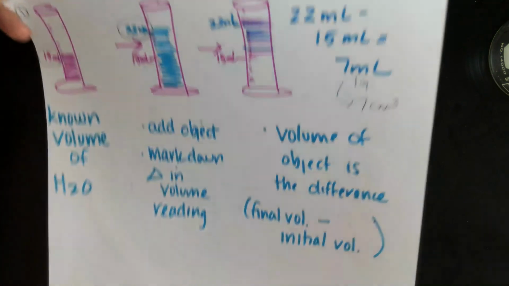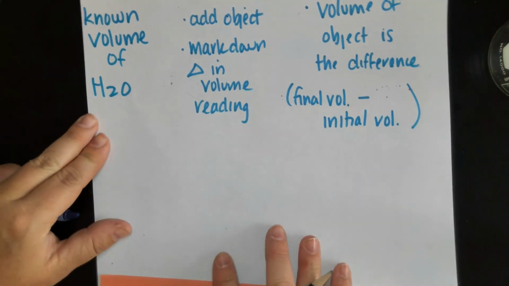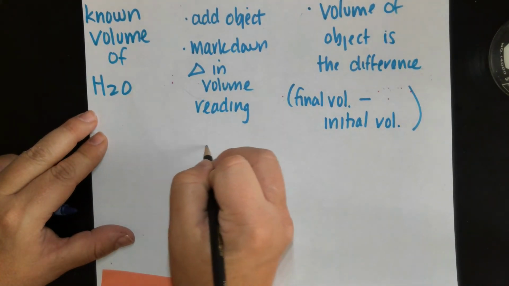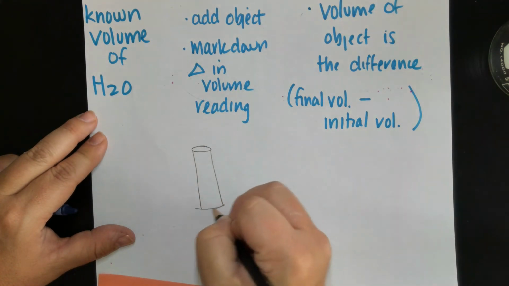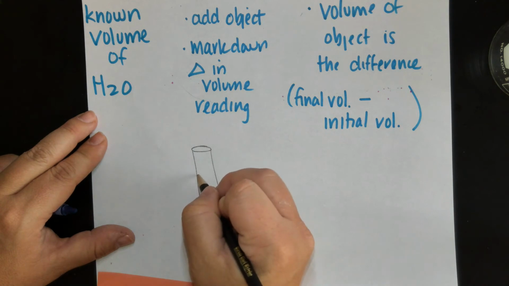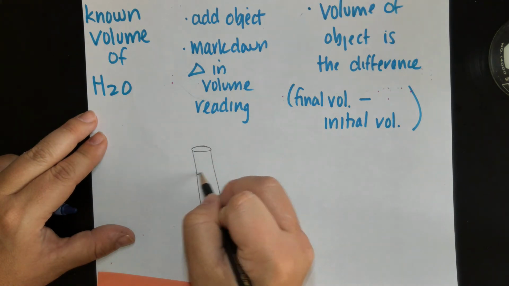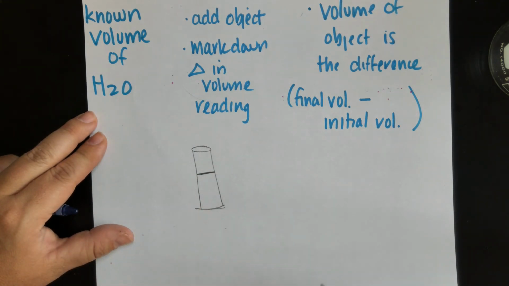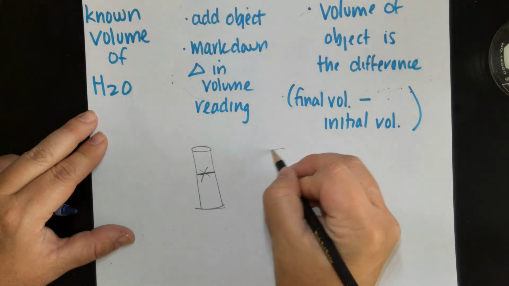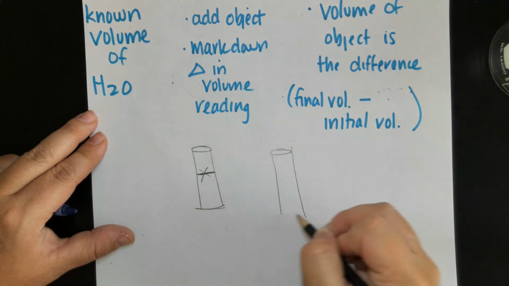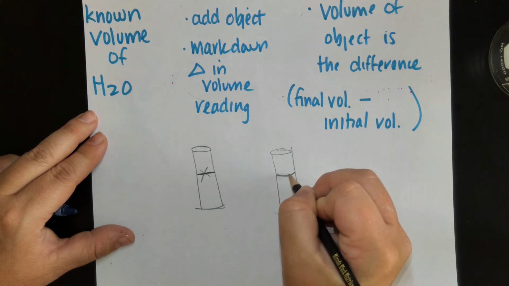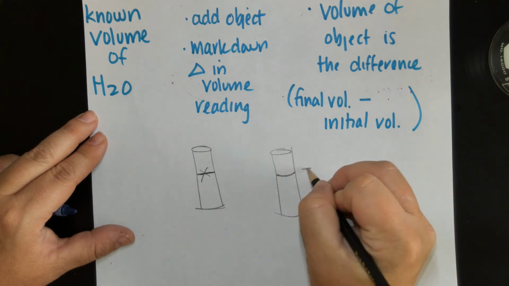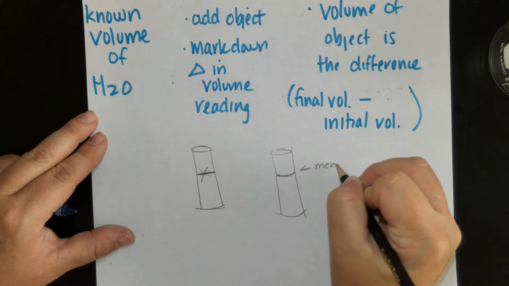Okay. Something that I do want to point out, when you are reading volume on a graduated cylinder, okay, water is not going to give you a level that is straight across, okay? We have to understand that on a graduated cylinder, it is going to be a little bit of a dip, and we call this the meniscus.